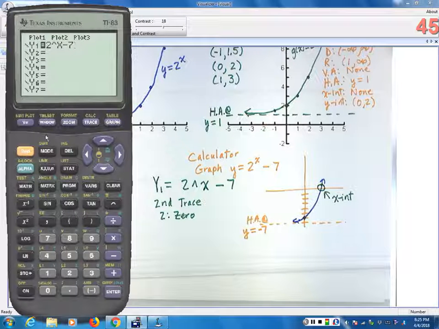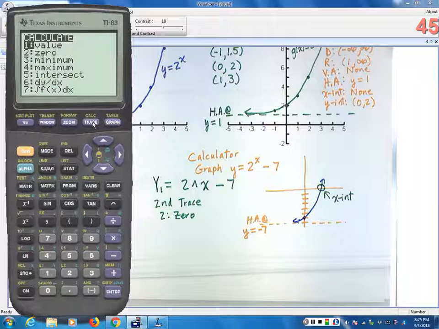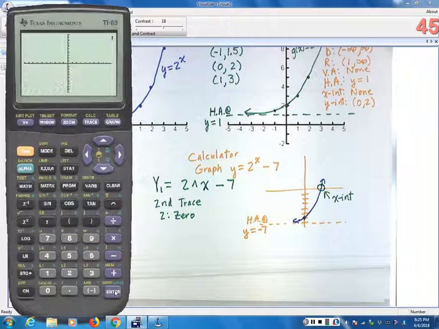So then you do second trace. Trace is up here. All your graphing stuff is up here. And your x-intercept is called a 0. So you choose number 2 and hit enter. Oh, and it's standard. Zoom standard is what you want. It's already in that for me, so I didn't need to hit it.